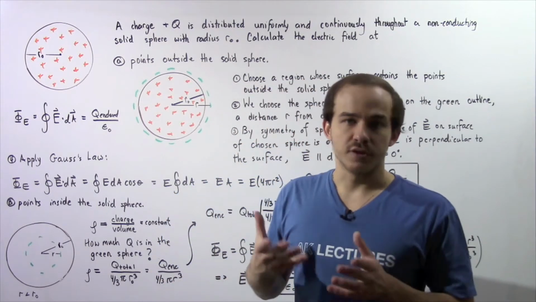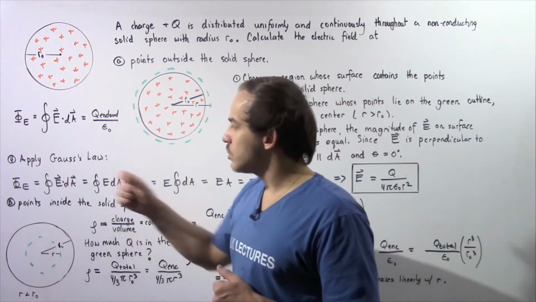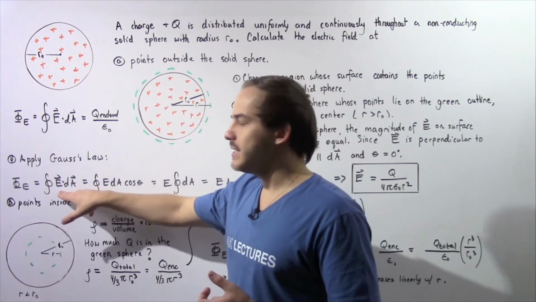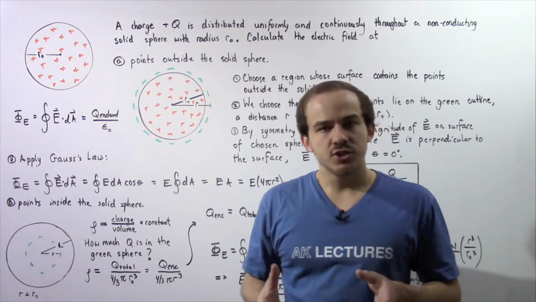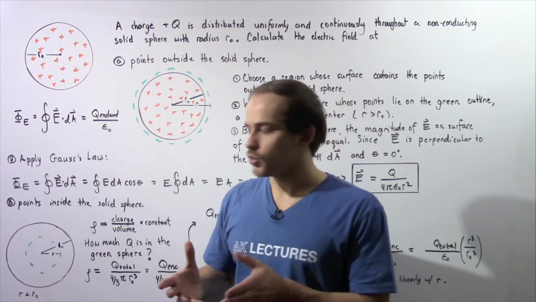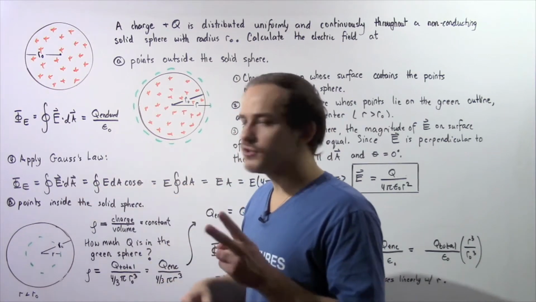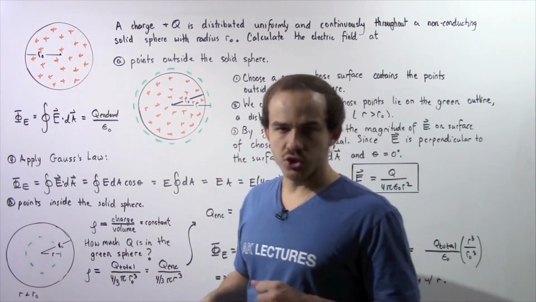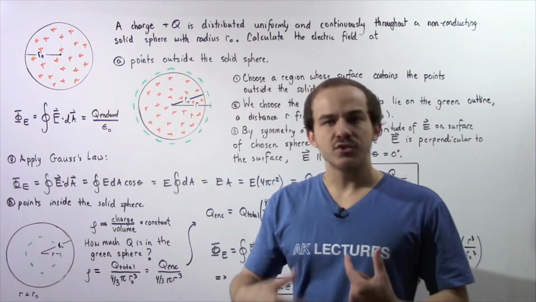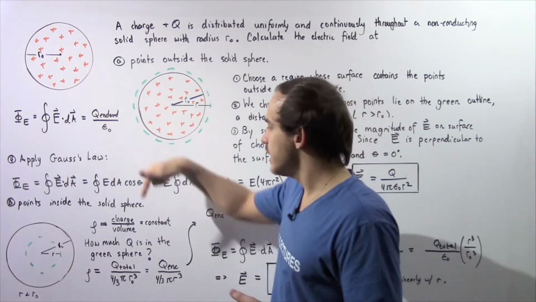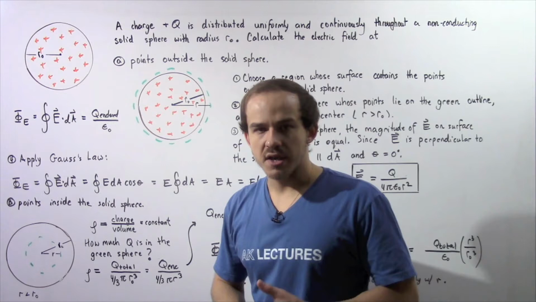So the net electric flux is equal to the closed integral of the dot product E dA. Now by definition, the dot product of two vectors is equal to the product of the magnitudes of the two vectors multiplied by the cosine of the angle between them.